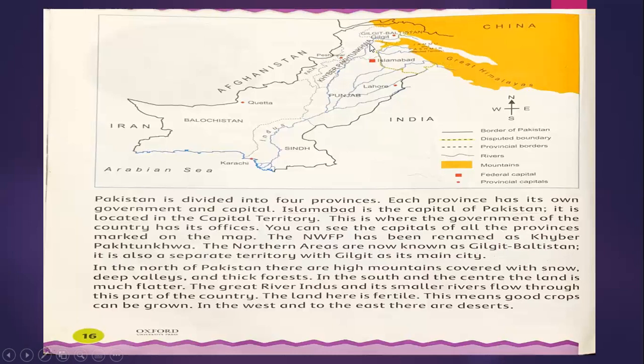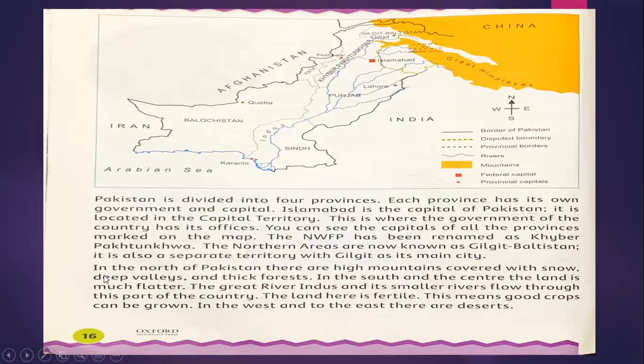The fourth province, Khyber Pakhtunkhwa, was named first as NWFP. Now it's KPK, Khyber Pakhtunkhwa. The northern areas are known as Gilgit-Baltistan. It is also a separate territory with Gilgit as its main city. As I told you, here is Gilgit.